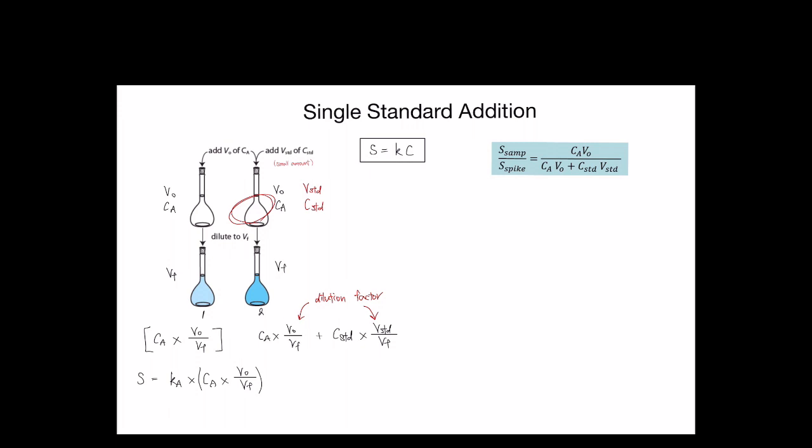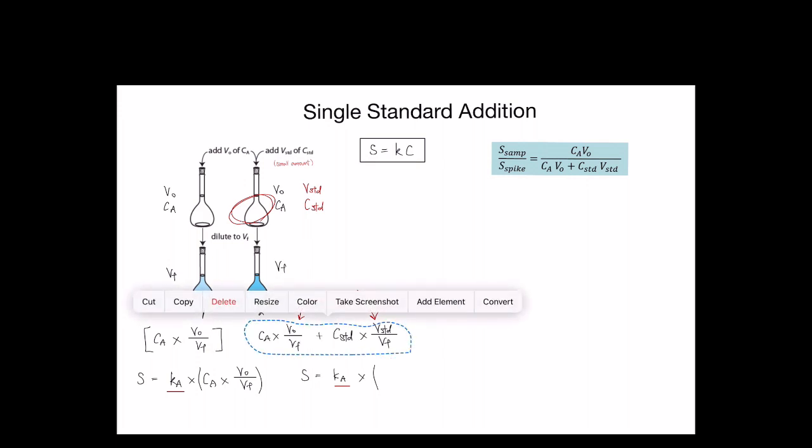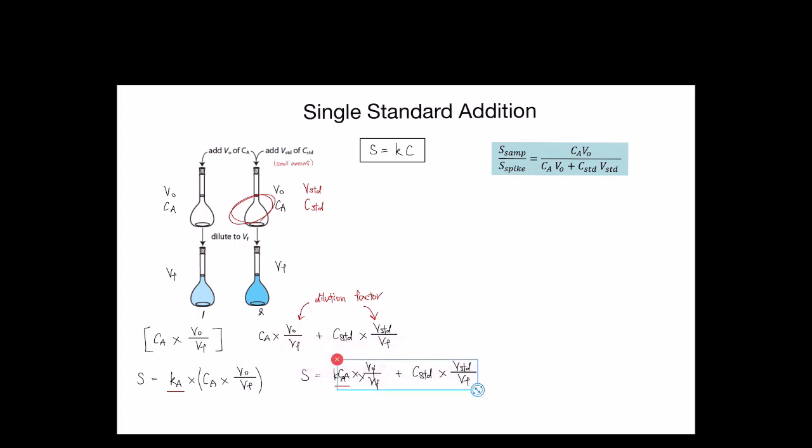Similarly, in the second flask, the signal will be Ka. Remember, we have the same Ka in both flasks, multiplied by this guy over here. So I'm just going to call the first flask signal sample and the second flask signal spike.